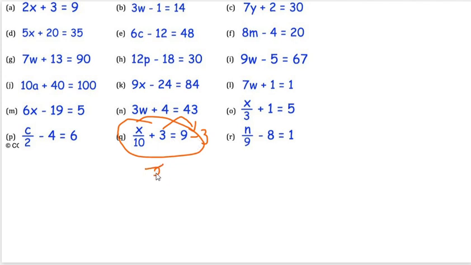So x all over 10 equals 9 minus 3, which gives us an answer of 6. As we said, we must imagine this whole number as all over 1. Once we do that, we do our cross multiplication. Therefore, our value of x equals 60.